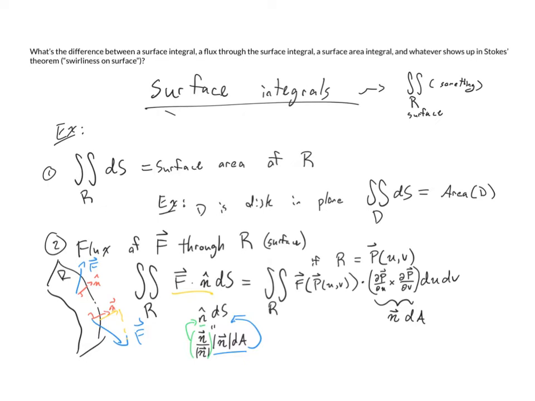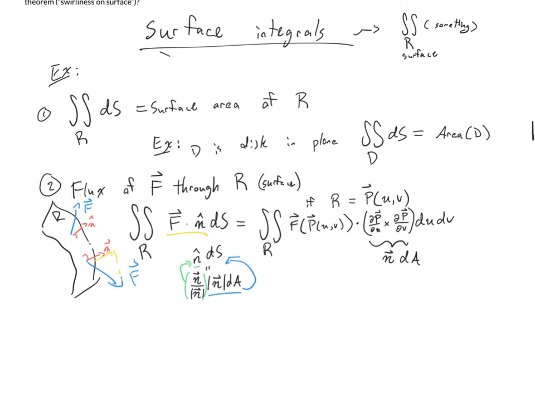Finally, we have this Stokes' theorem one, which is a little bit mysterious, and so I do want to mention it. In Stokes' theorem, it looks like this. We've got a surface R, and we've got the curl of F dot n hat dS.